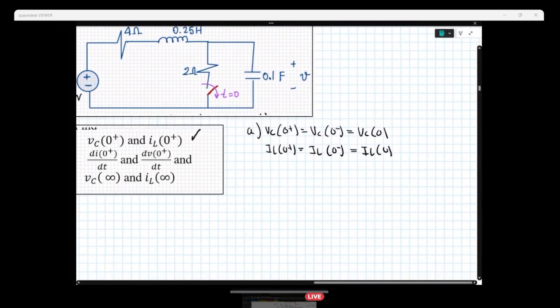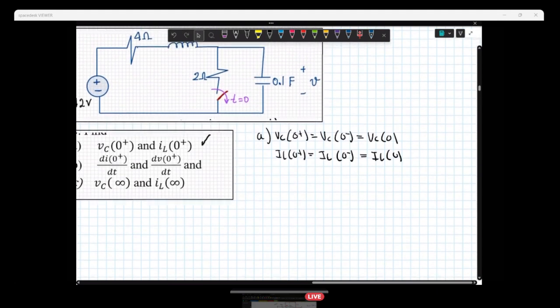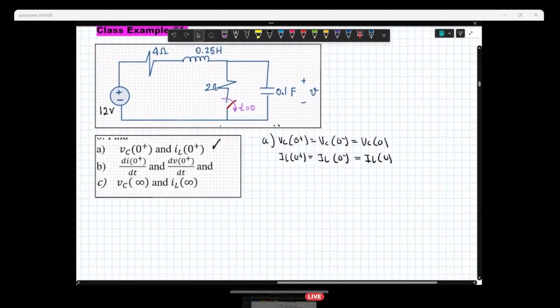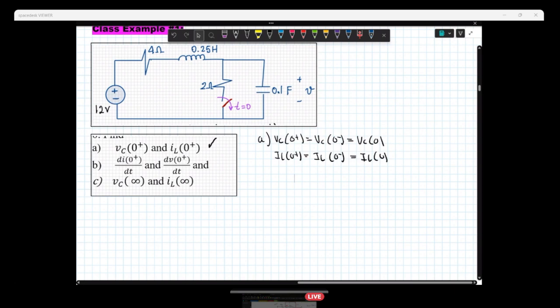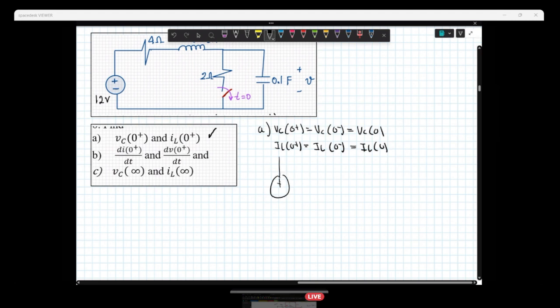So I'm going to take the state of the circuit before the switch is flipped up, because the switch is being flipped up at t equals 0. I'm going to redraw real quick. Let me zoom out so you can see the problem.